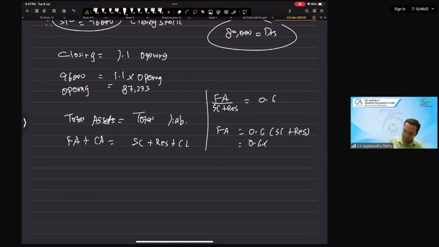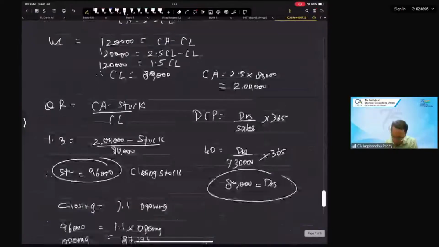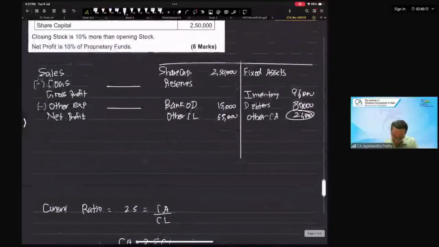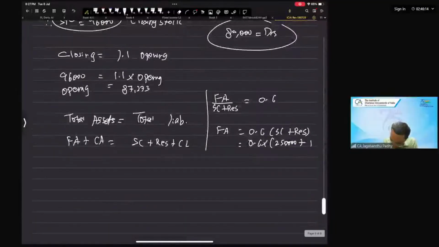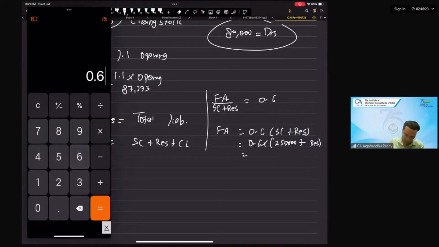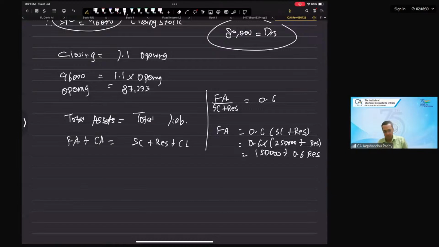This is 0.6 into share capital, which is 250, plus reserves, which is something we don't know. This is 0.6 into 250, which is 150,000, plus 0.6 times reserves.